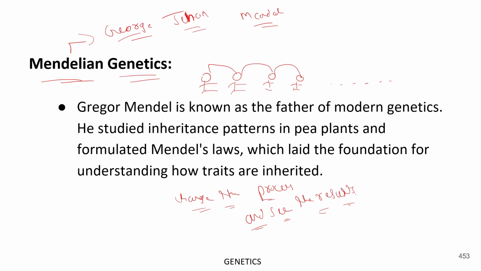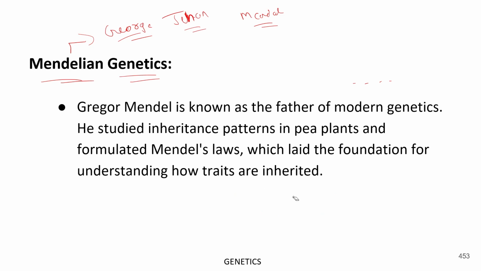Okay, so let's start. George Johann Mendel started his experiments nearly in the years 1822 to 1824. How old it is. During this time, he started his experiments, which are known as monohybrid cross, thereafter dihybrid cross.